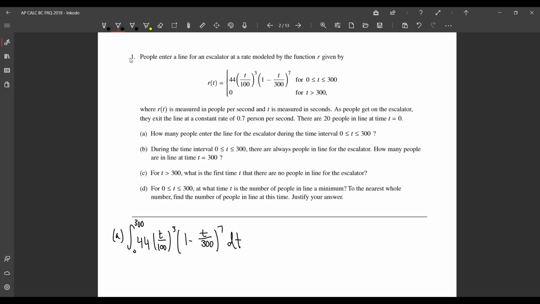So that is exactly what I'm going to do. I'm pretty sure this is not intended to be done by hand. So I'm just gonna plug this integral right into my calculator, and I get 270. So that's how many people join the line.